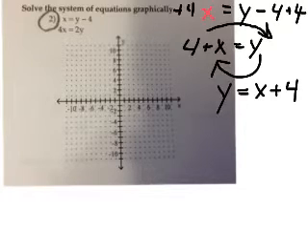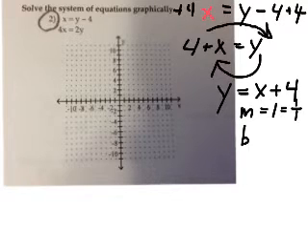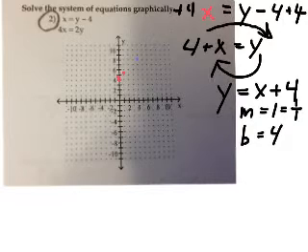Our slope m equals 1, which we'll make a fraction, 1 over 1, and our y-intercept equals 4. There's our 4, and let's go up 1 over 1. We'll draw our line.